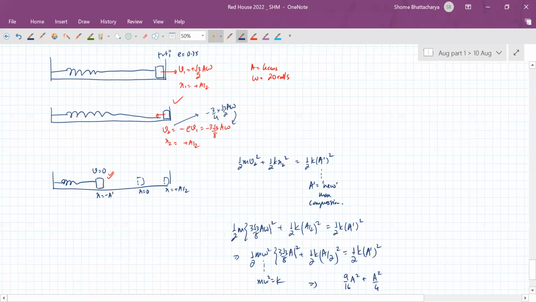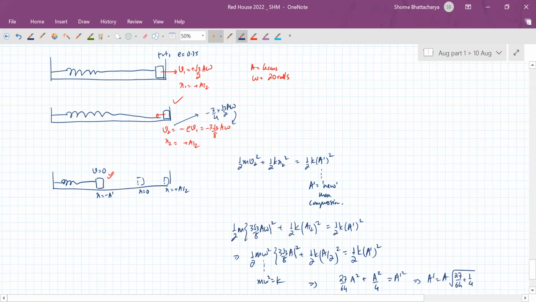So instead of 9 by 16, this will be 27 by 64, right? And half k is cancelled everywhere. So that will be A prime square. So A prime will be A into square root of this thing, 27 by 64 plus 1 by 4.